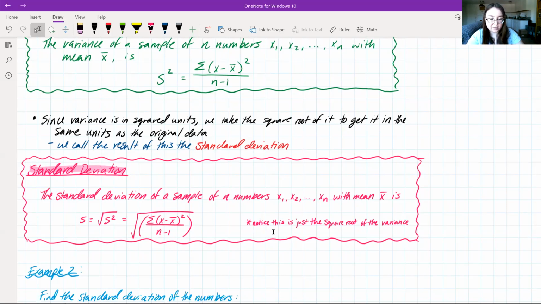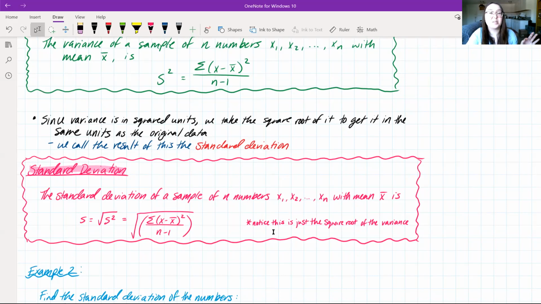We have the standard deviation of a sample of n numbers, x sub 1, x sub 2, all the way to x sub n, with mean x bar: s is equal to the square root of s squared. That is also going to be equal to the square root of the sum of (x minus x bar) squared divided by n minus 1.